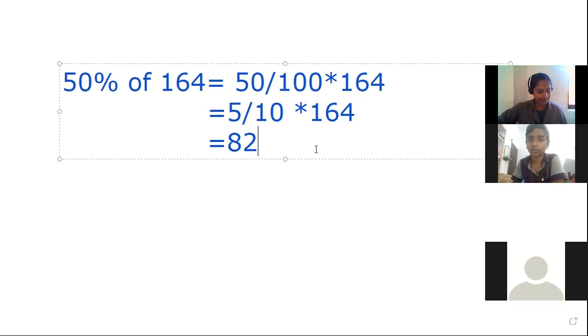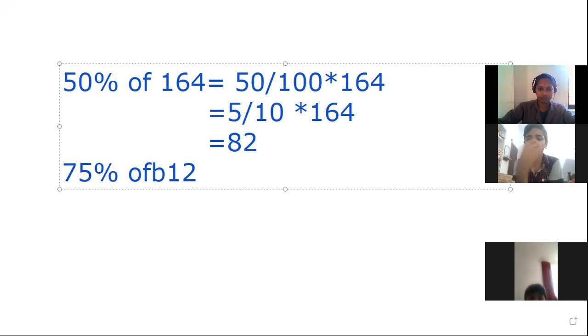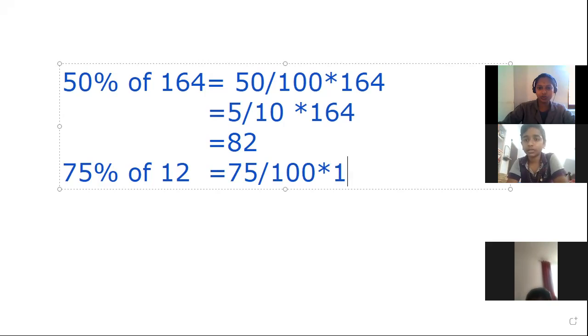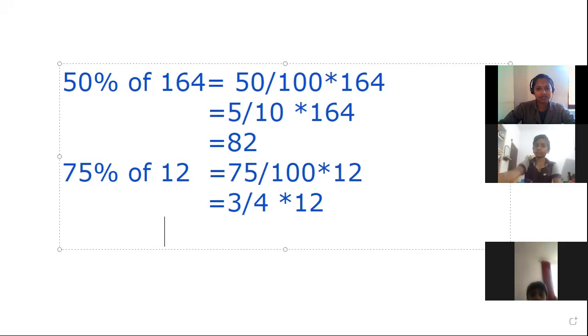Okay. Then the next one, 75% of 12. We write 75 as 75 by 100 and then multiply with 12. 75 by 100 can be simplified as 3 by 4. 3 by 4 into 12 stands for 3 into 12.